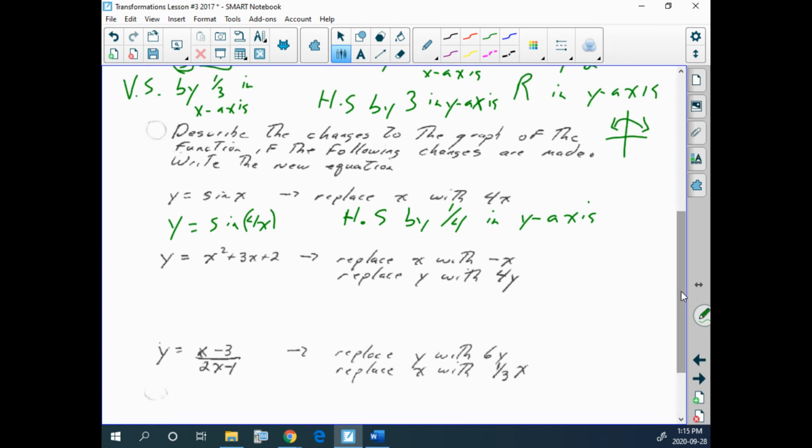Here we have 2. We are going to replace x with negative x and replace y with 4y. So 4y and negative x squared plus 3 times negative x plus 2. You may want to write it this way.